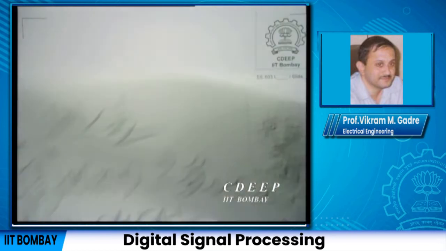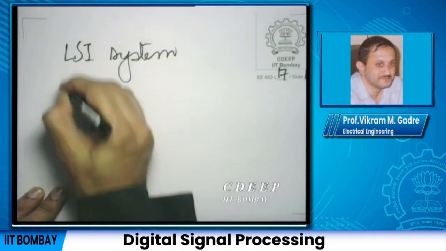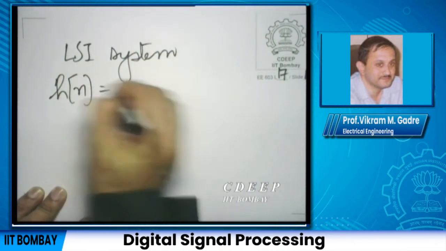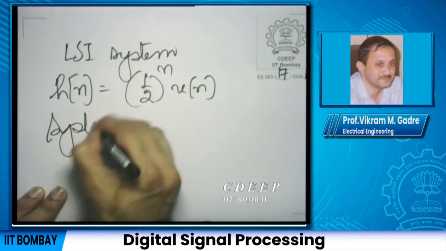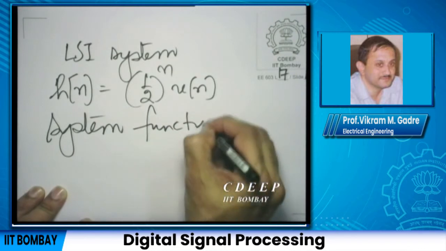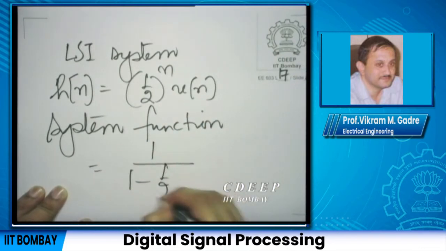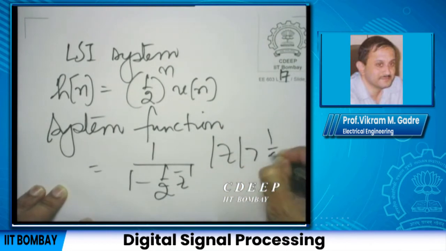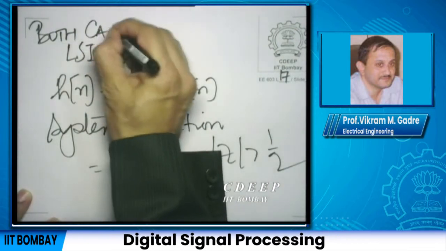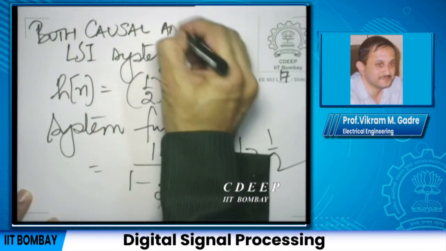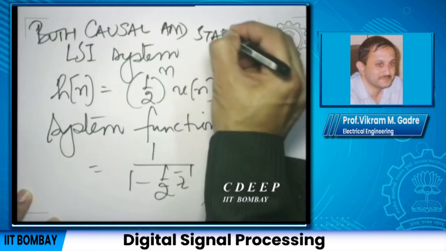So, if you have the LSI system with impulse response h[n] equals half raised to the power of n u[n], the system function is 1 by 1 minus half z inverse, mod z greater than half, and this is both causal and stable. So, now we have an example of all four.